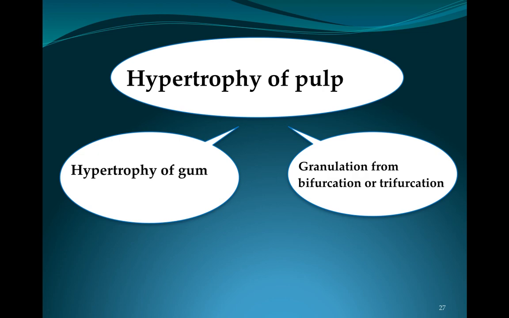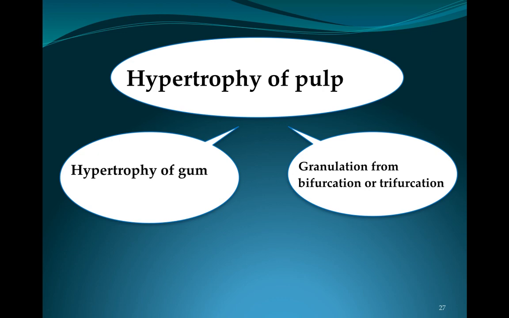X-ray examination will show me that if it is granulation from bifurcation or trifurcation, between the roots there is a black area, and the black area connects with the pulp chamber without dentin or cementum.